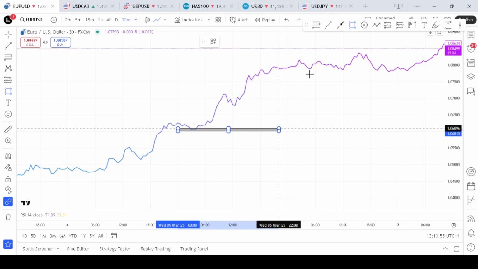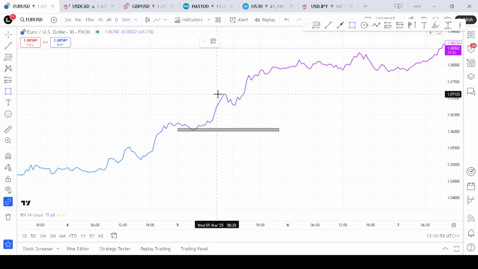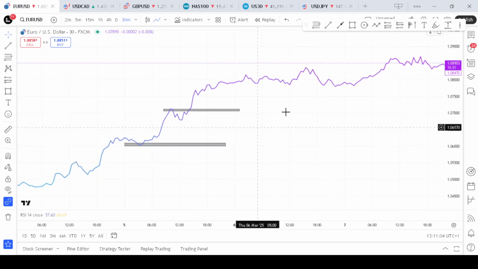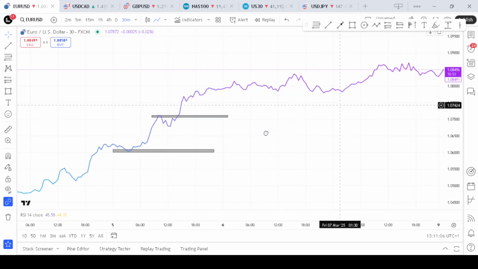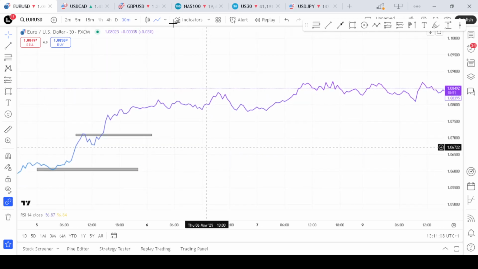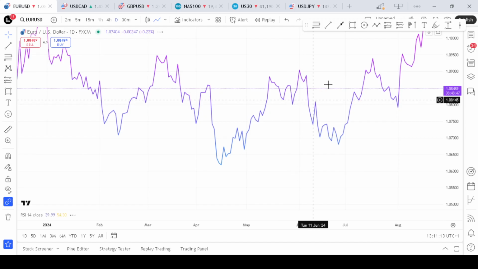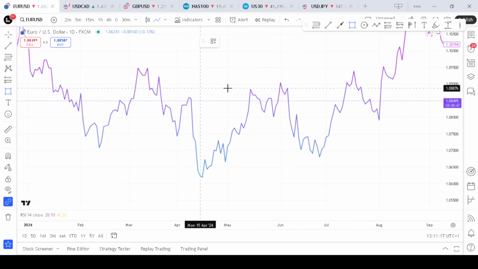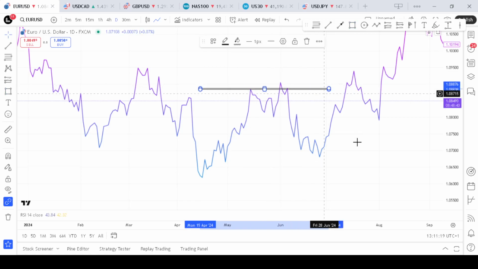As you can see, this is a support level, this is a resistance level. It makes it so easy to spot these levels on your chart, and we can see over a long period of time. Even if we change the time frame to the daily time frame, whatever time frame, it makes it easier to spot the support and the resistance and the direction of the chart.